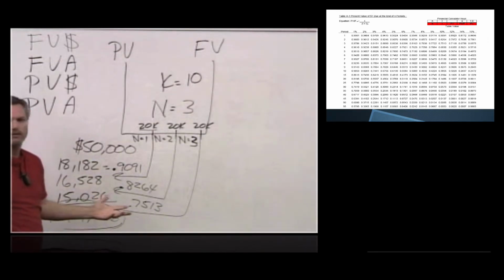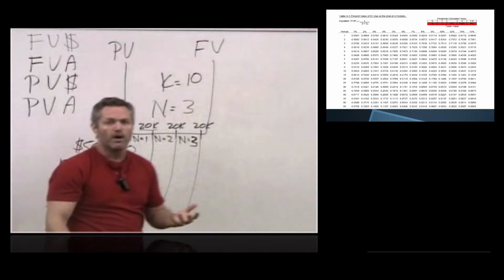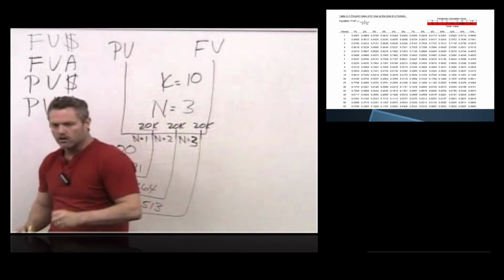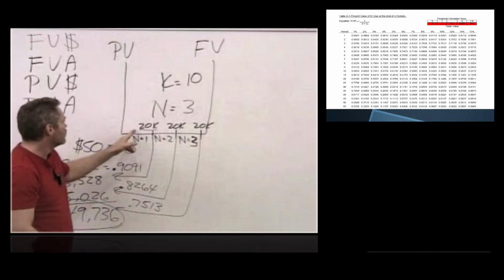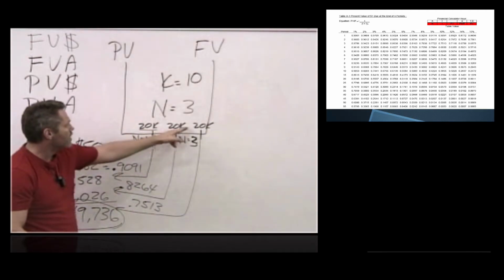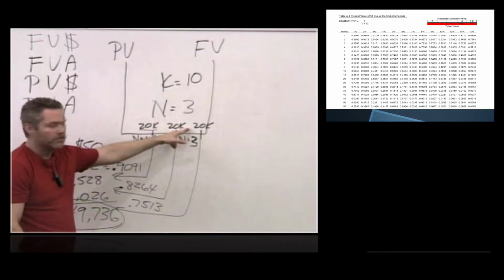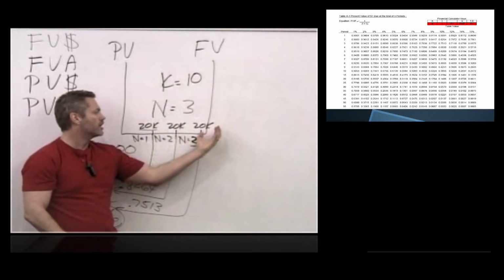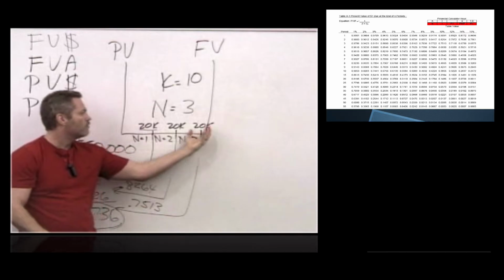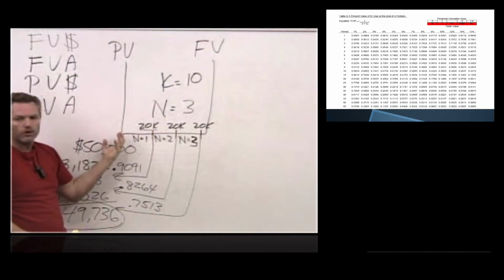The answer is no. Obviously, we want to make this work, and so there's two basic ways that we can make this work. We either increase the amount of money that they're going to give us, or to make this more valuable, we have to shift money from, say, year 3 forward to year 2 or year 1.